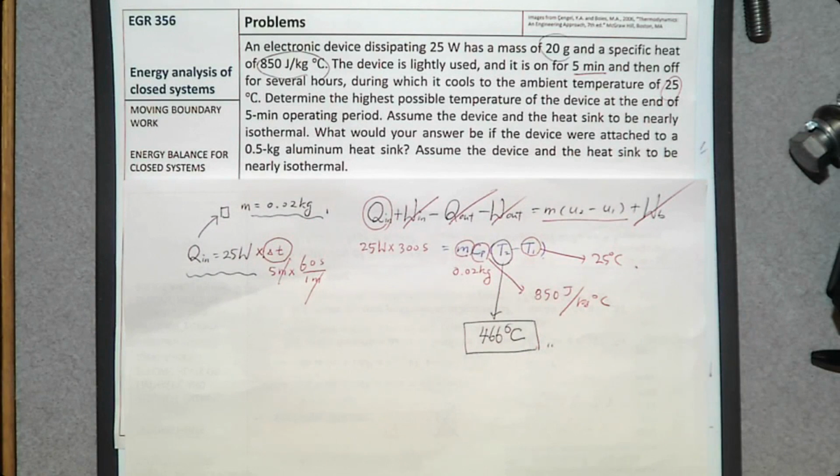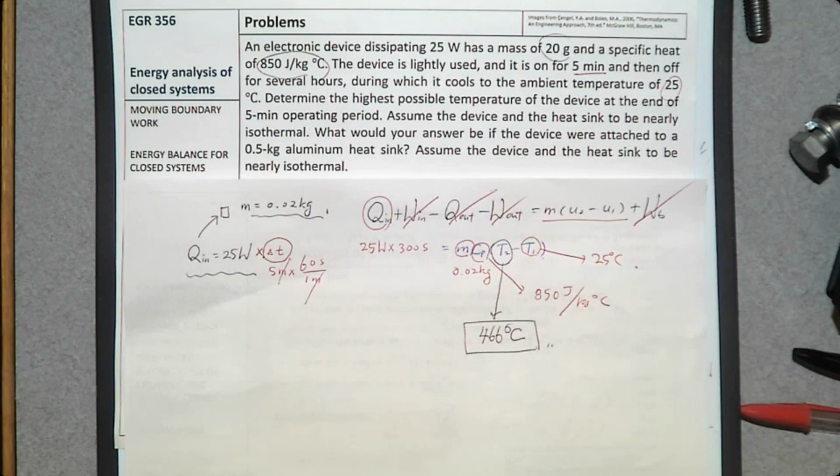Any question? Is there any problem here? There is a problem. The electronic device temperature is going to go up to 466. So what's going to happen? Well, you need to buy another new electronic device after using this one, because the electronic device cannot survive at this temperature, right? So what is the solution?